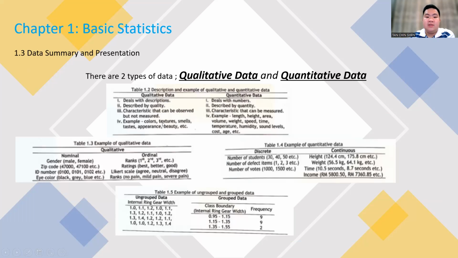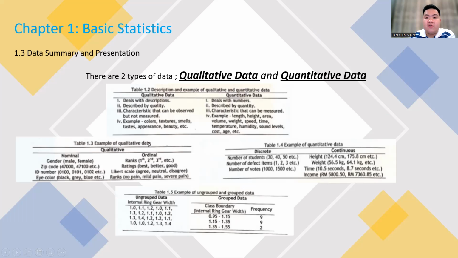Examples: color, texture, smell, taste, appearance, beauty, and so on. Quantitative data deals with numbers, described by quantity, characteristics that can be measured. Examples: length, height, area, volume, weight, speed, time, temperature, humidity, sound level, cost, age, and so on.